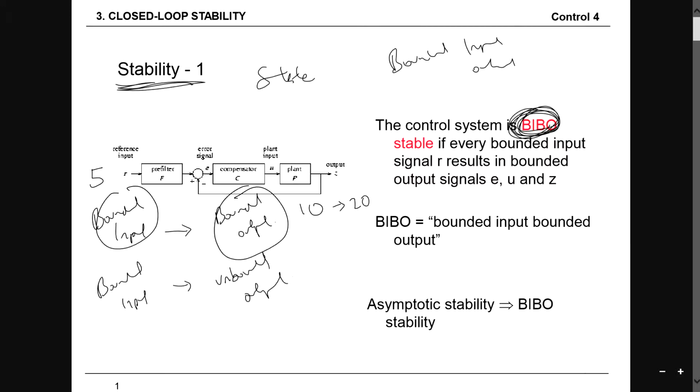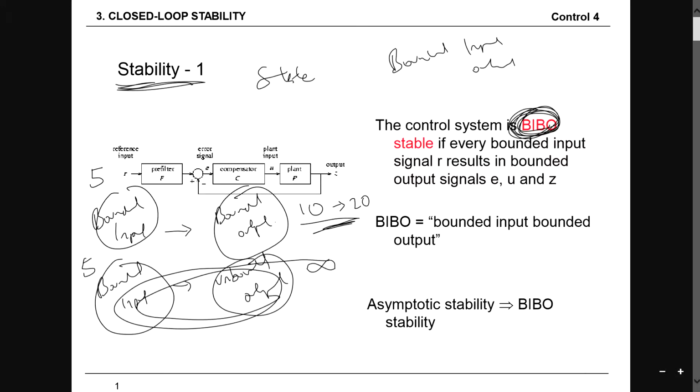Alright, I have a bounded output, I know my values. However, if I have a bounded input and an unbounded output, this means that if I input 5, I'm gonna get infinity, then it's considered unstable. And therefore BIBO itself is somewhat this meaning.